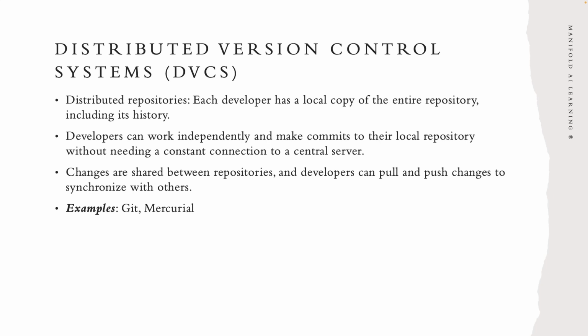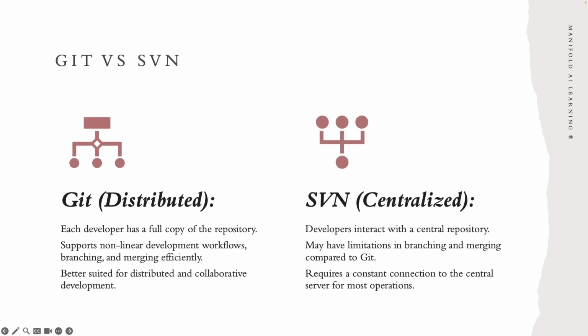Now that you have understood the two types of version control system, that is, the centralized and the distributed version control system, let's look into the key differences between them. In the case of Git, which is a distributed version control system, each developer will have a full copy of the repository, and this supports a non-linear development workflow, which is quite common when you think about working in a large project.